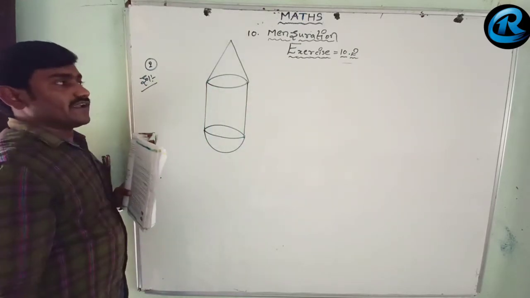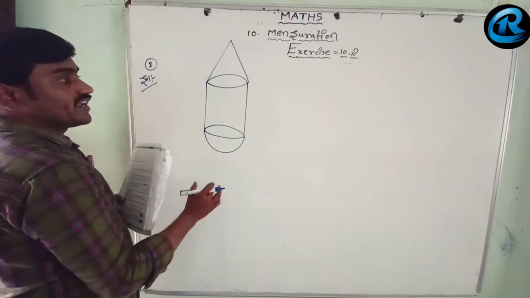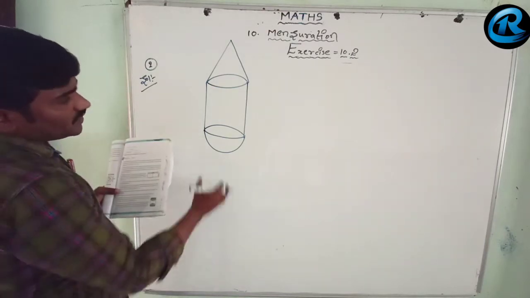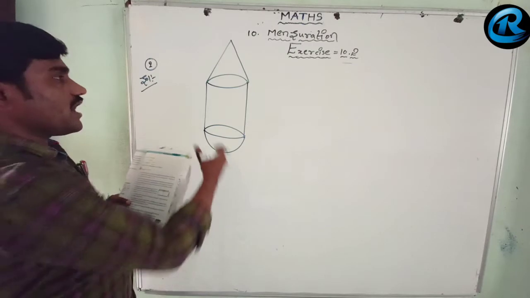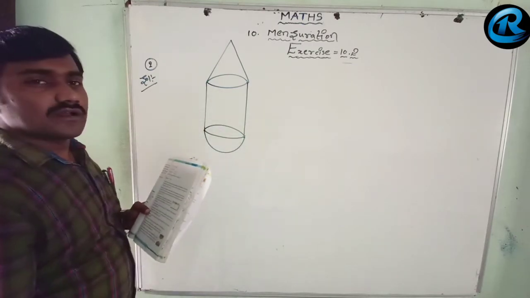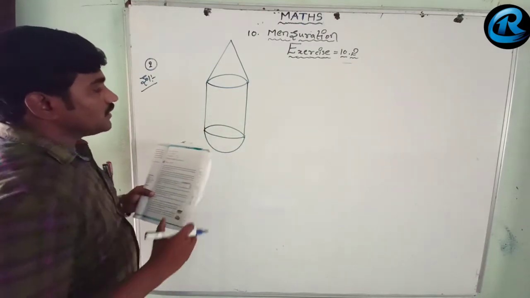Okay, the solid is in the shape of a right circular cylinder like this, with a hemisphere at one end and a cone at the other end. As I told you at the beginning of this exercise, we need to find the total area of this solid figure from the given information.